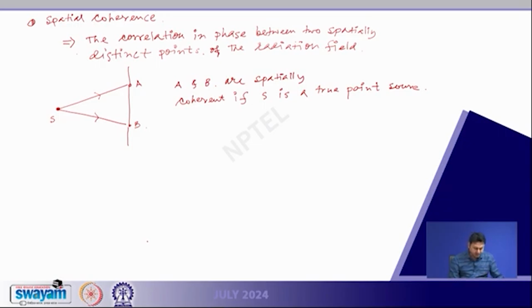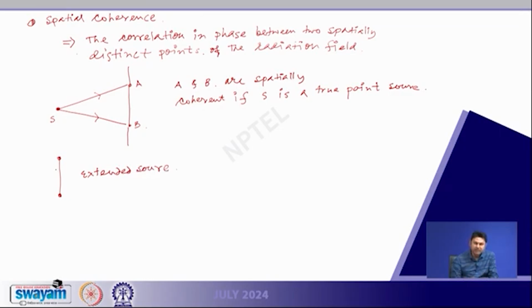However, the situation is slightly different if we have a distribution. Suppose the source has a distribution like this. Distribution means this is an extended source. What is the meaning of extended source?